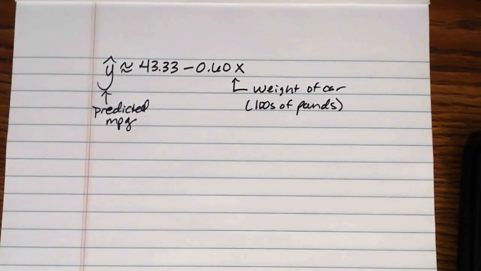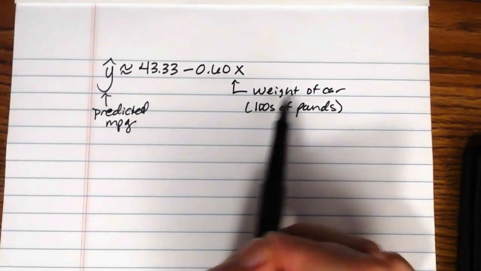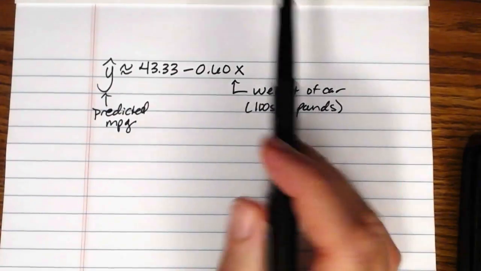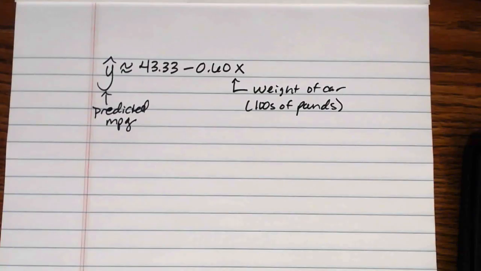What this line of best fit does is allow us to put x values in. We can put in weights of the car, and we can find the predicted miles per gallon for a car of that weight.